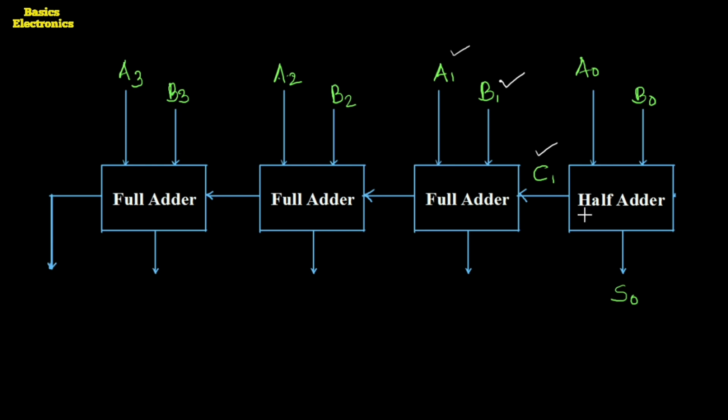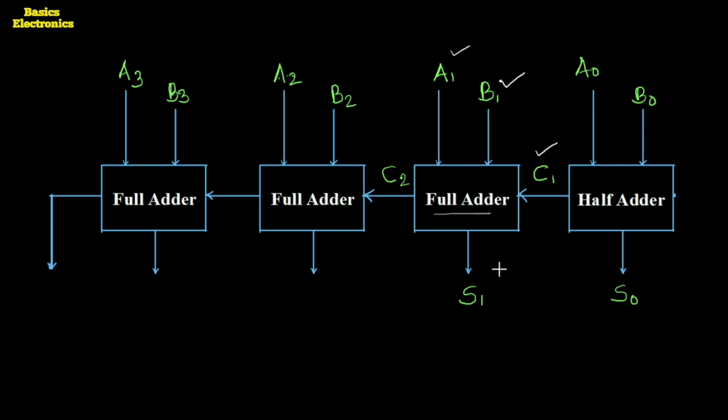So the carry output of this half adder is applied as input to the next full adder as a third binary bit. This full adder performs the addition of the binary bits A1, B1 and C1, and produces the sum output S1 and the carry C2.